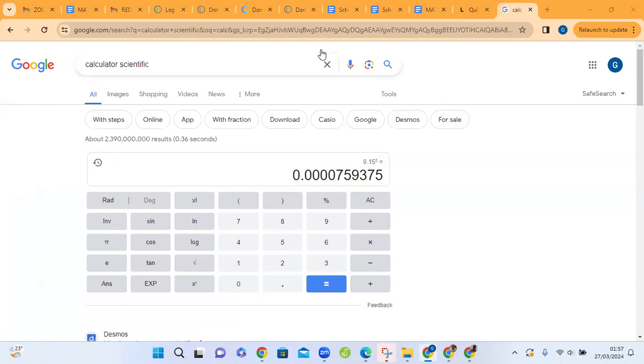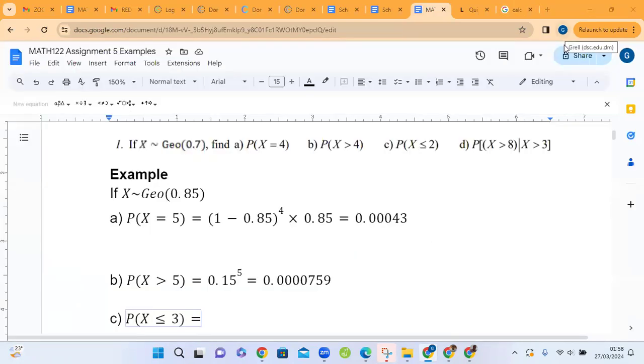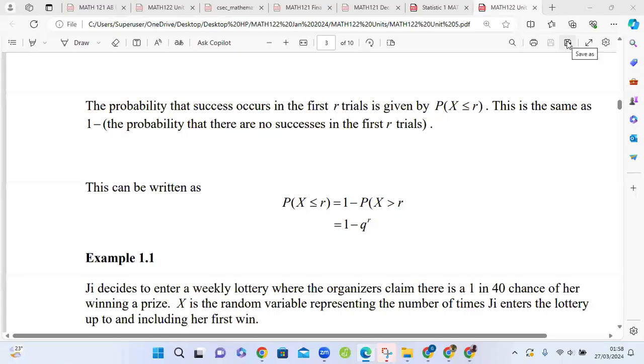That'll be 0.0076. For part C, the question says the probability that you succeed within 2 trials, and here I have within 3. So let's see what formula we can use for that. Within r will be 1 minus the probability of X more than r, that is, not succeeding above r. You can interpret it that way.